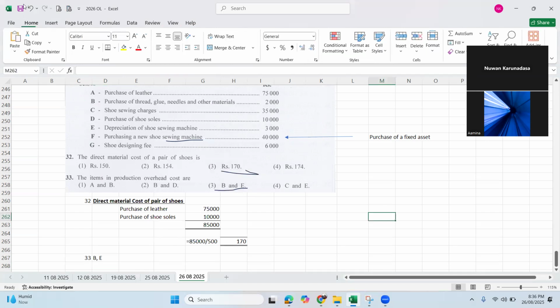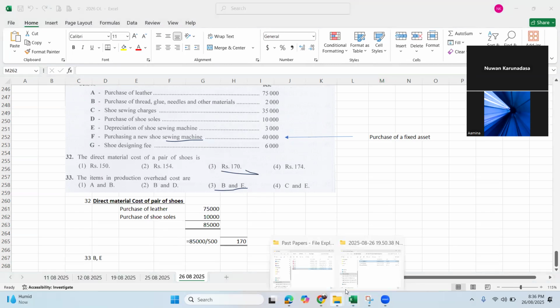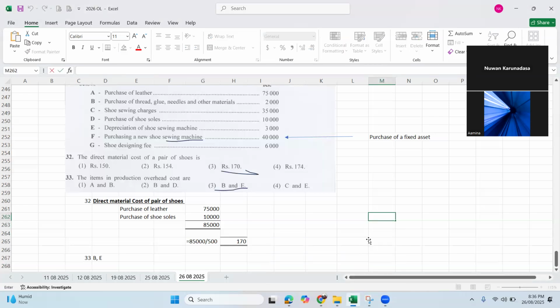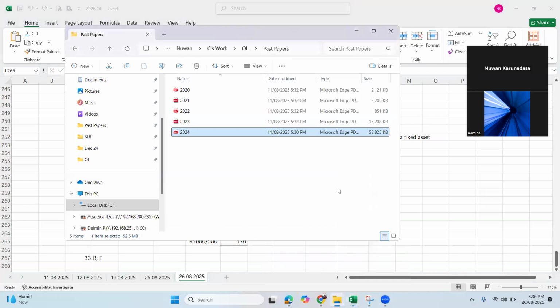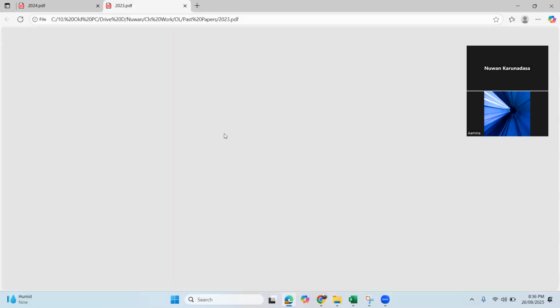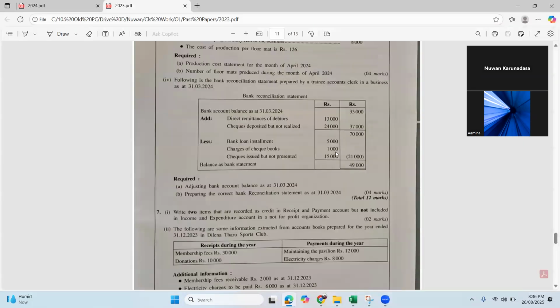Right, we did it. We'll see one more paper. 2023 paper, we'll see.